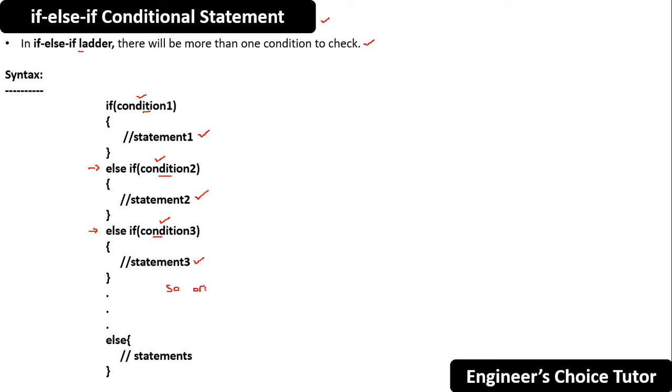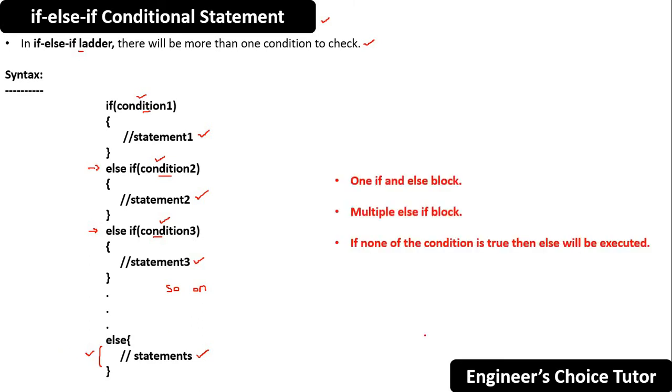And suppose none of the conditions is true, then the else block statement will execute. The statements present inside this else block will execute if none of the conditions is true. Fine. So what is the conclusion here? One if and one else block will be there.